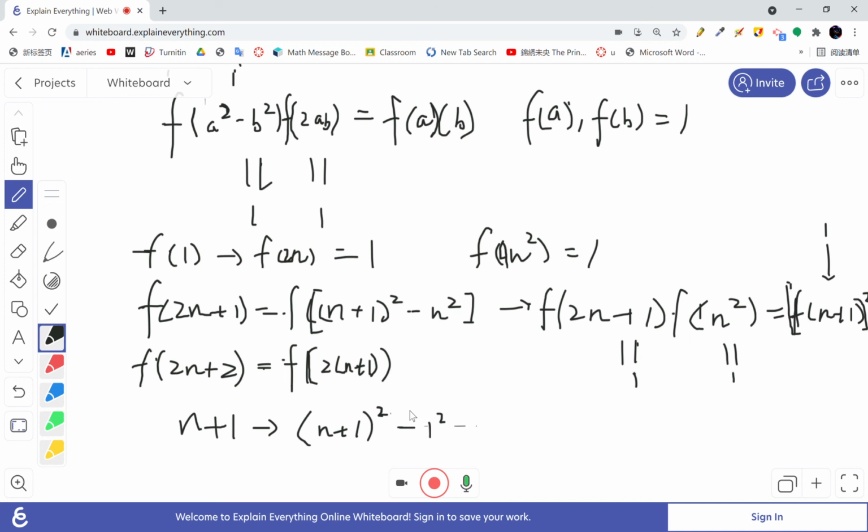No, n plus 1 square minus 1, n plus 1 square plus 1, and 2n plus 1 is a Pythagorean triple. Then 2n plus 1. So we'll just know that n plus 1 square plus 1 square is a. So if f of n plus 1 square plus 1 square is equal to.